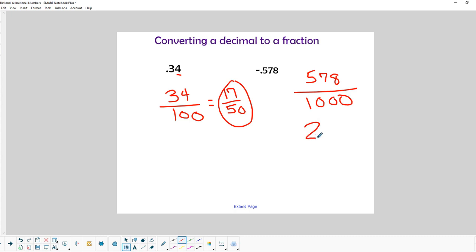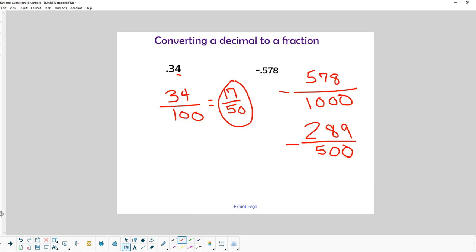It's hard for me to show our calculator display on this screen, so I'm going to count on you to do that at your desk. So this simplifies to 289 over 500. And we have to remember that's negative, because it was negative to begin with. So negative 289/500ths.